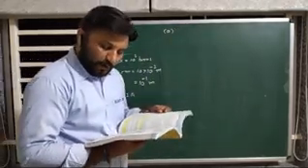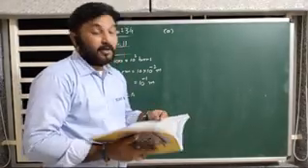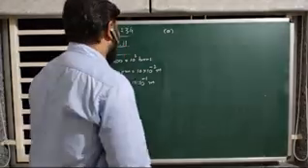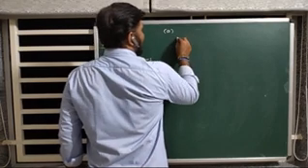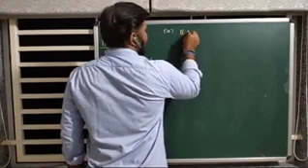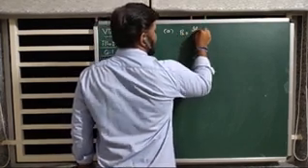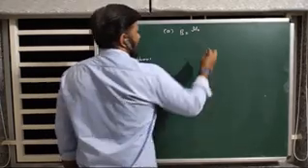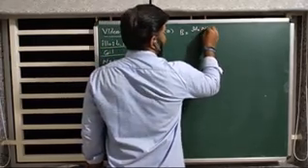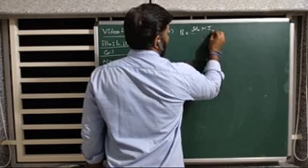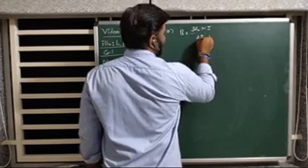We have to find what is the field at the center of the coil. Again, same thing. B, you have to find at the center, that is mu 0 N I upon 2R.